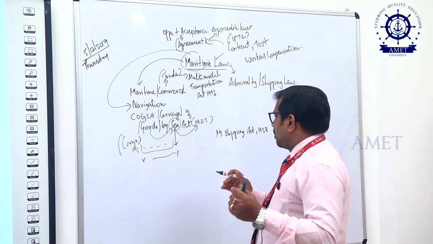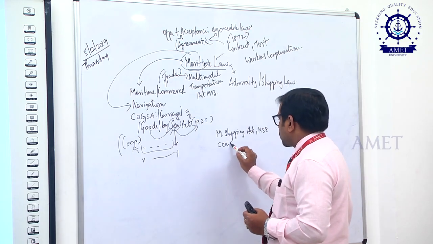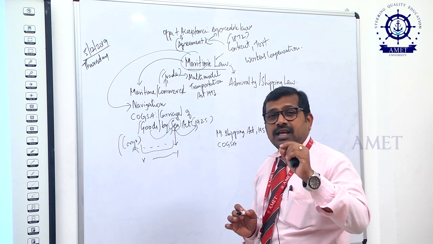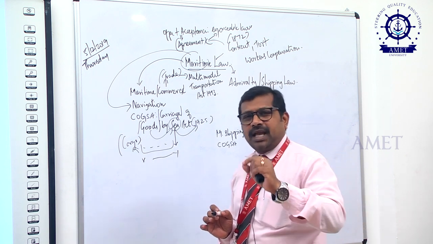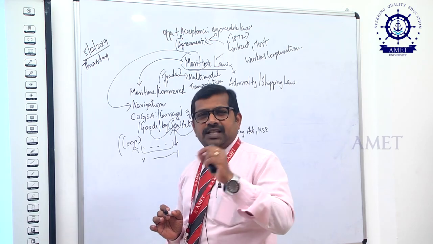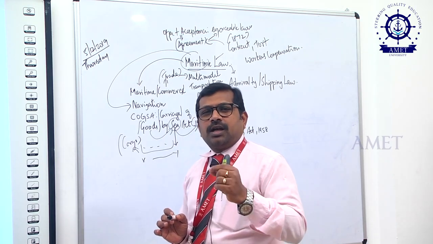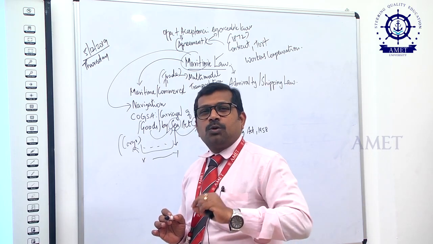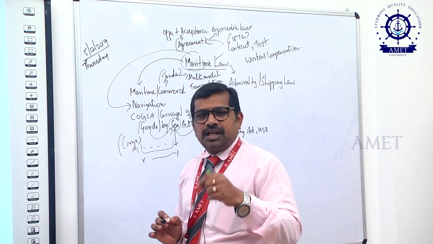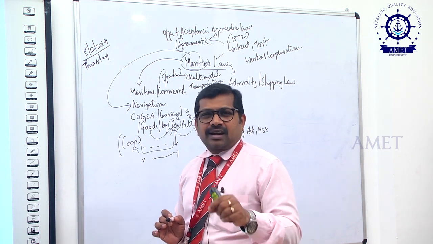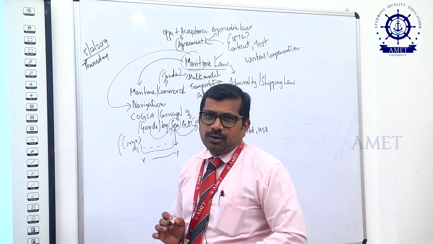The second one, which we have already discussed, is COGSA, the Carriage of Goods by Sea Act. There are various modes of transportation, by sea, by air, by rail, but if any goods are carried by sea, immediately the Carriage of Goods by Sea Act 1925 will come into force.